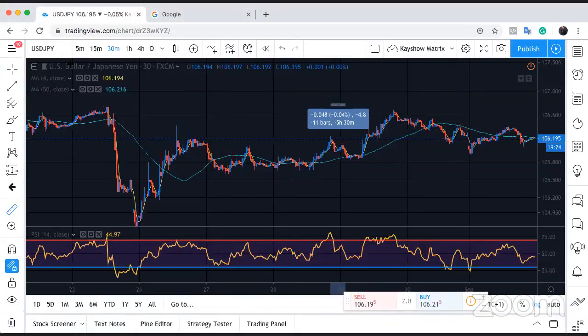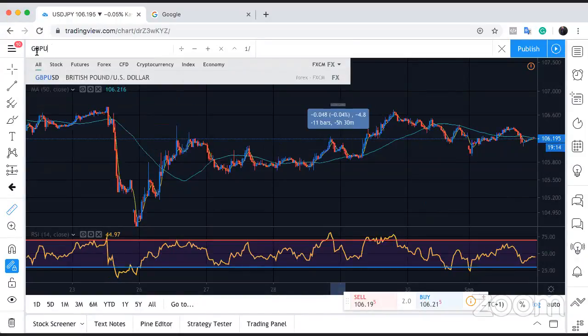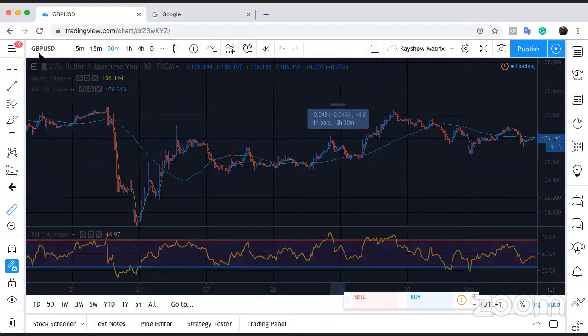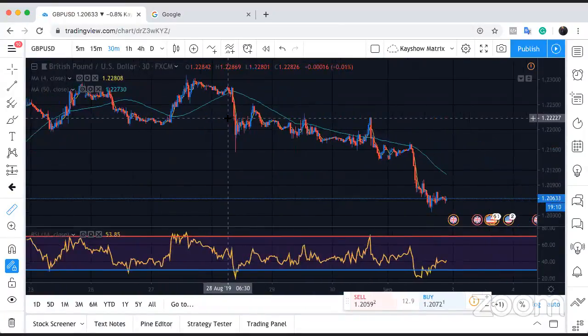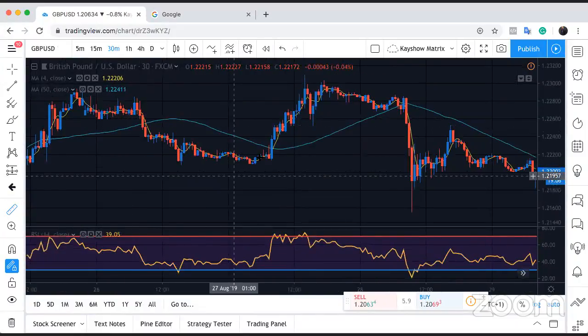And you can see it's not just USD JPY. Let me look for that pair. Maybe GBP USD. You can see the same thing applies here too. It crosses down, goes into a sell. It crosses up, goes into a buy.